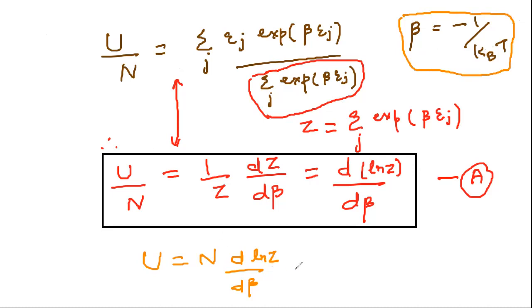I can write it as N k_B T squared d by dT of ln Z. N k_B T squared times d by dT of ln Z. You have to go from beta to temperature transformation.